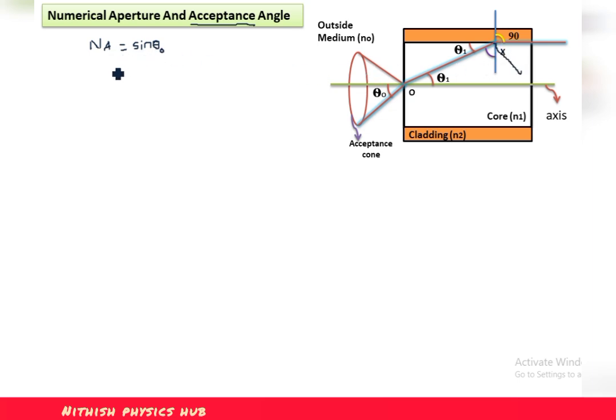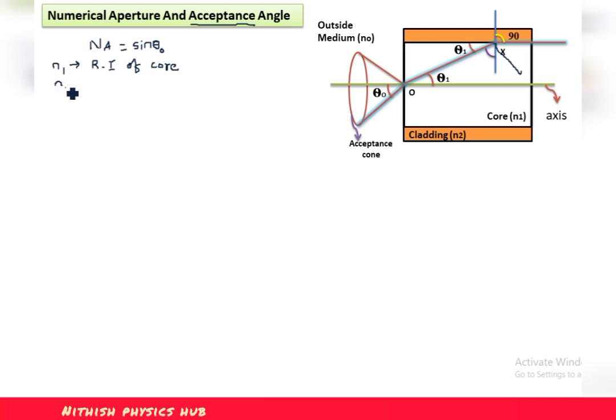Now we are going to consider the refractive indices of the mediums. The first one is the core, which will always have a refractive index n1, where the core is the center part of an optical fiber, where whatever light information we are sending will be reflected, bouncing back in this particular core medium. Followed by that, there is another layer which has a lower refractive index compared to the core, named n2.